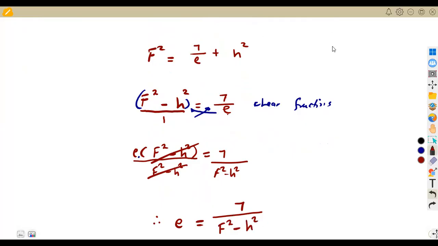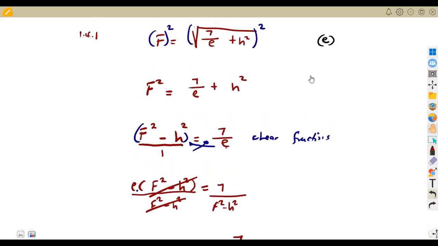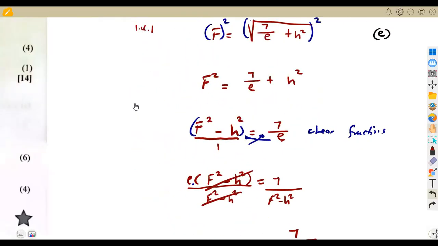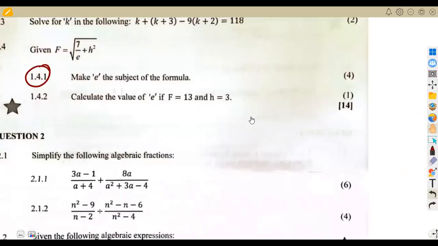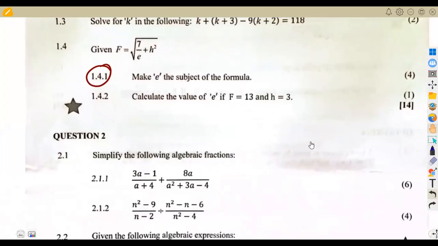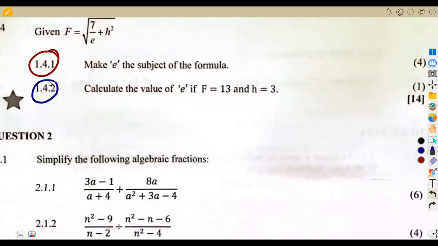Okay, so that is how we could have played around with this question. Like I said, guys, change of subject or to manipulate the formula, there are so many different ways that you can play around with the question. What is important is that of all those ways, this is the only important part that you're going to have to prove: that our answers are the same, or whatever we calculated means the same thing. We are supposed to have the same answers when we calculate the value of e given the value of f and the value of h.